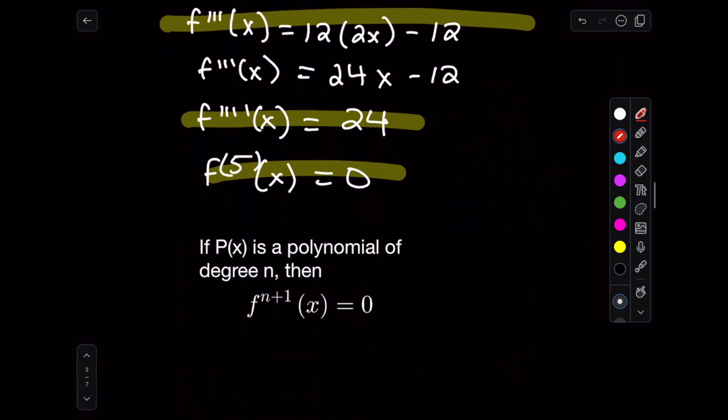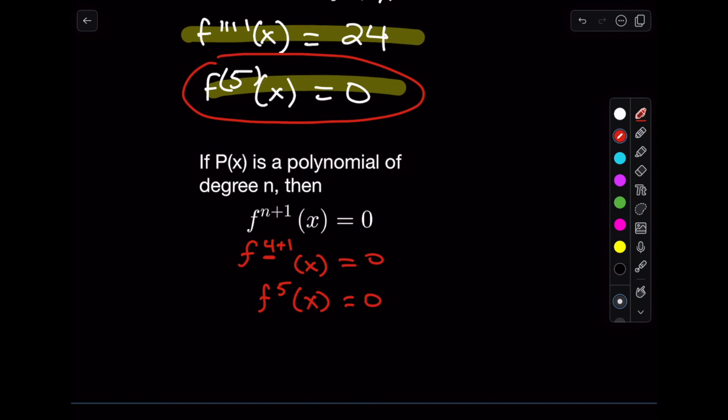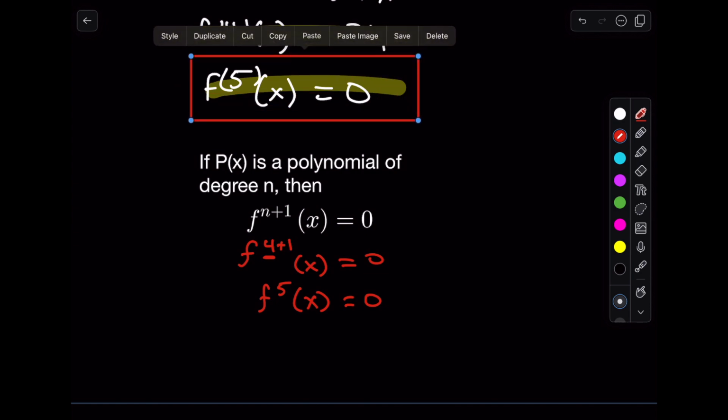So this theorem says f to the 4 plus 1, or the highest exponent in f of x plus 1, equals 0, meaning the fifth derivative of f of x will equal 0. And you can see above that we did get that answer, which simply verifies that we did the problem correctly. If we didn't do the problem correctly, then the fifth derivative may not be 0, and it would be a quick way to tell us that we need to go back and redo our work.